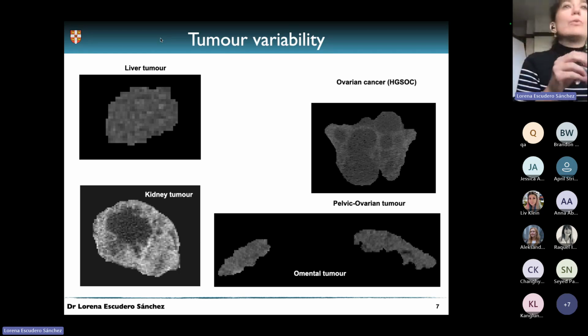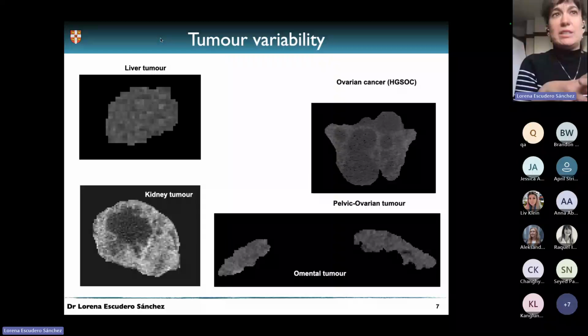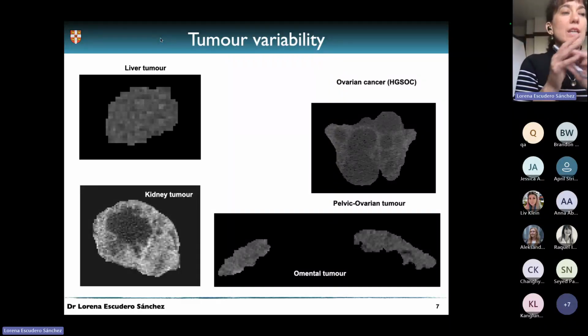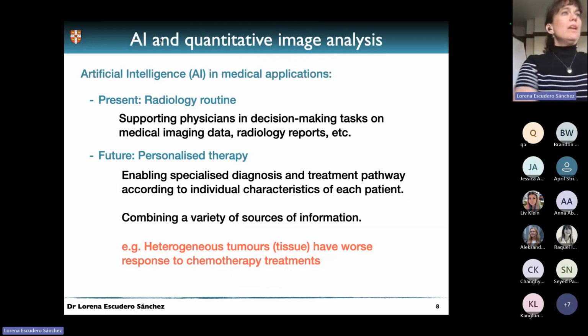But today we're going to focus on ovarian cancer. And this is a very metastatic, very aggressive cancer. It's a multi-site cancer, so it will appear in different parts of the body, but these are the two most common sites in which it will be present, which are called pelvic ovarian disease, and omental tumor, which is the omental wall.